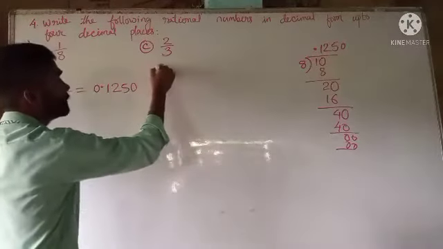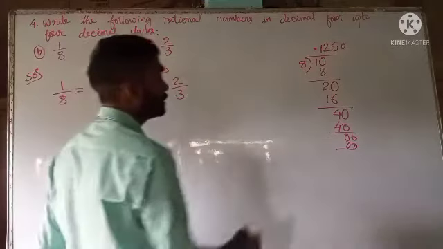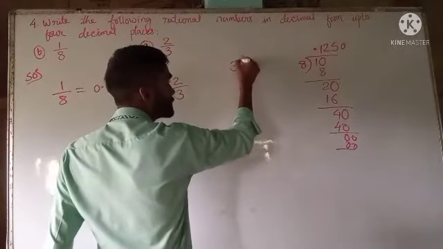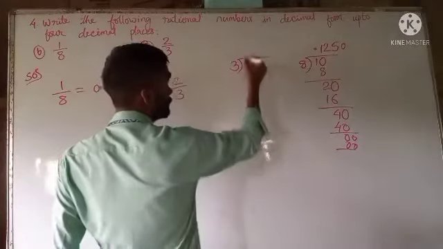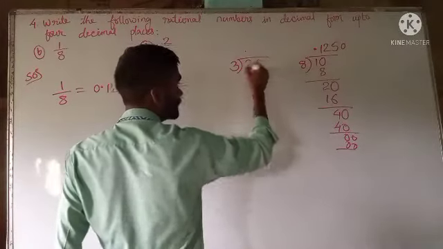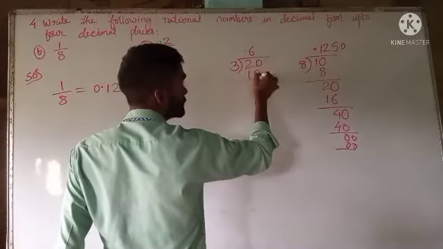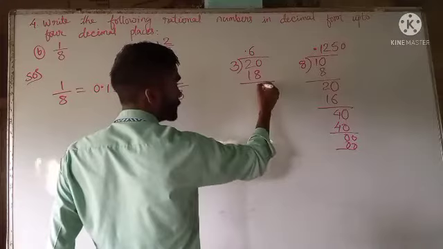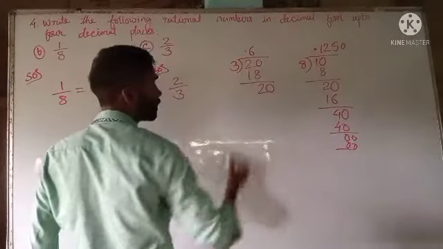Now in the same way, option C, that is 2 by 3. We will divide them, that is 3 and 2. 3 we cannot divide into 2, so we put a decimal point and write 1 0 here. Now 3 6 times is 18. 20 minus 18 gives 2. Again we write 1 0, since we already wrote the decimal point.